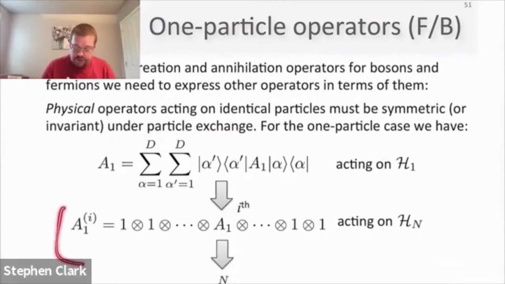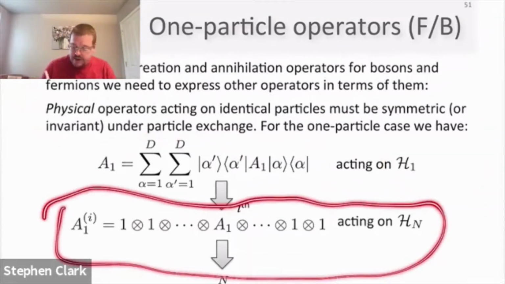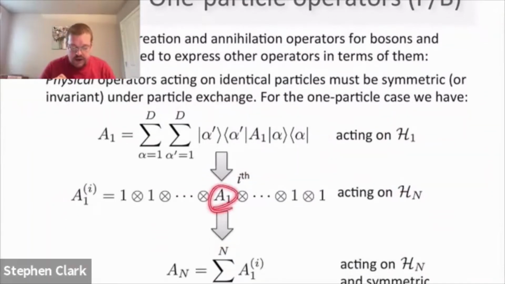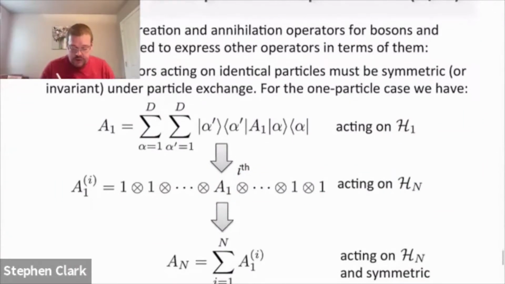If I wanted to act on the full many-body Hilbert space of n particles, which was unphysical, the massive one where we have one Hilbert space for each particle, then we simply put the single particle operator in there, and we put identities everywhere else. And if we want it to be a physical operator, then this operator must be symmetric under any exchange of particles, which means it must be the total sum, the equal sum of it acting on any particle.